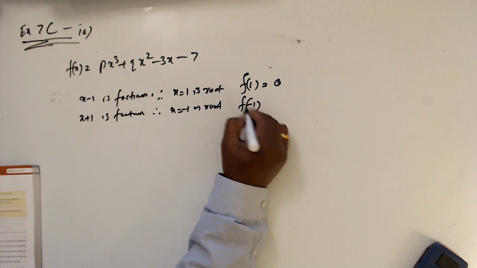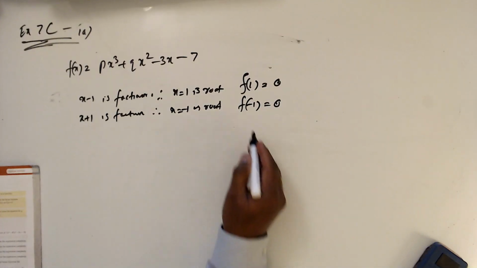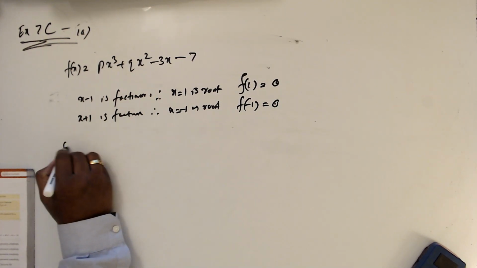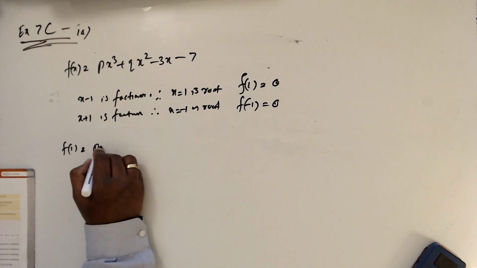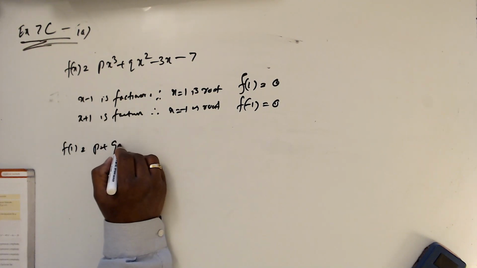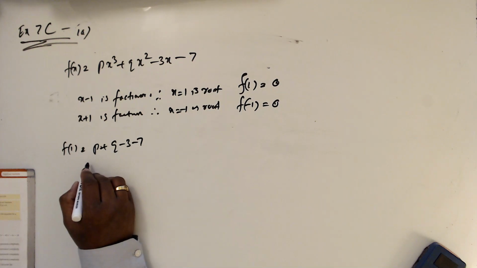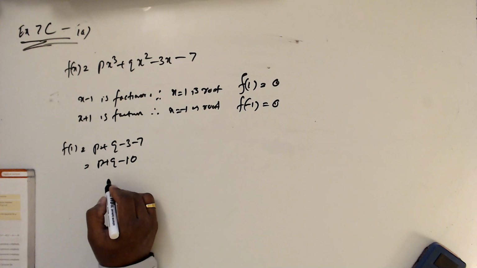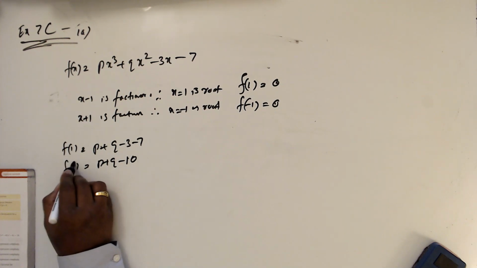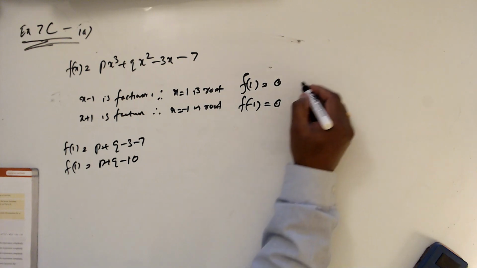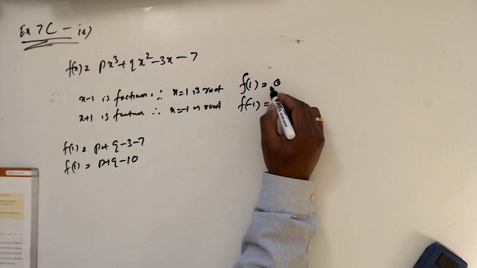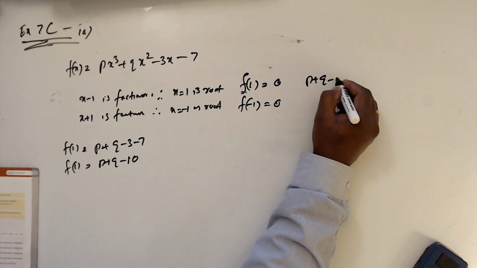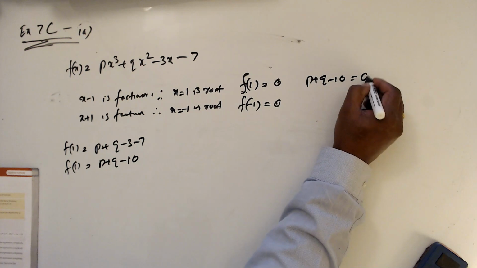Then f(minus 1), that value has to be also 0. Now we'll find f(1), which is p plus q minus 3 minus 7, which is p plus q minus 10. I'll substitute here instead of f(1): p plus q minus 10, and the right side is 0.